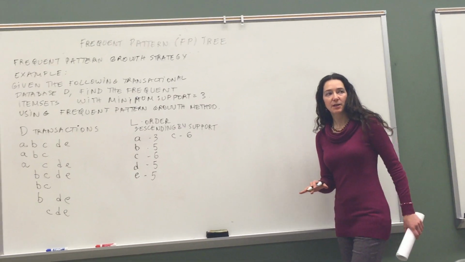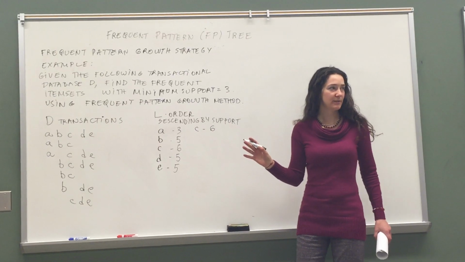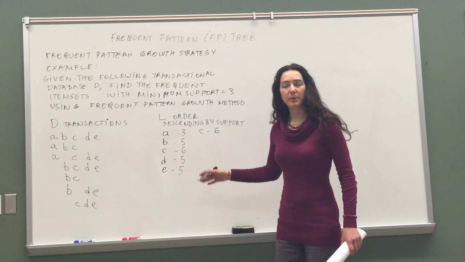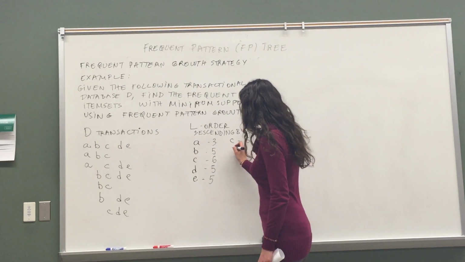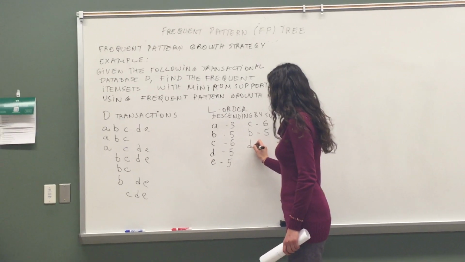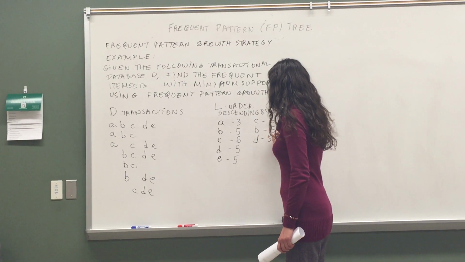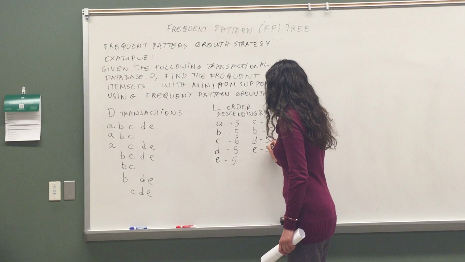If you don't, you're going to end up with a different tree than the rest of the classmates. So always pick them in alphabetical order. So B is 5, next is D, 5, and E, 5.